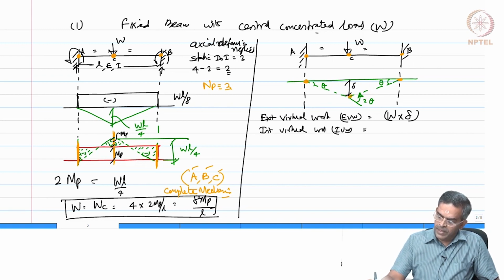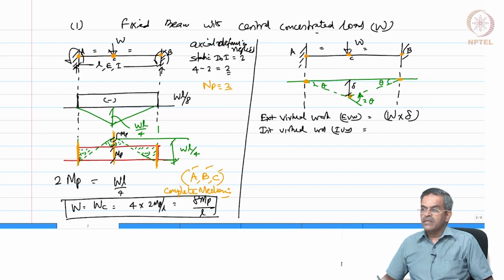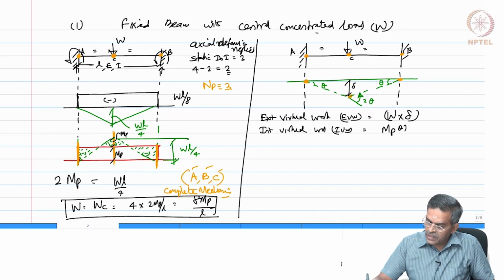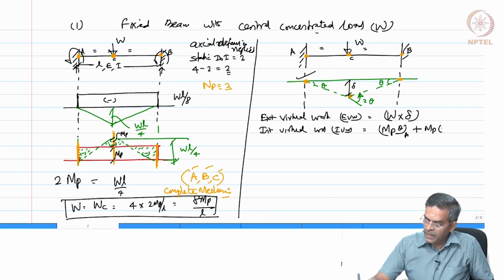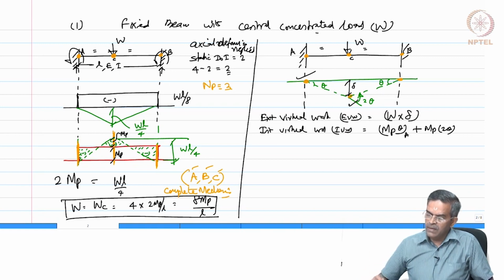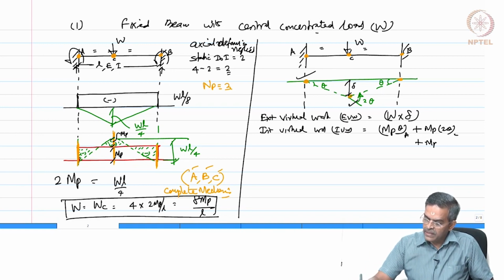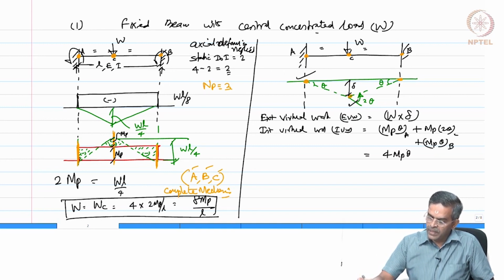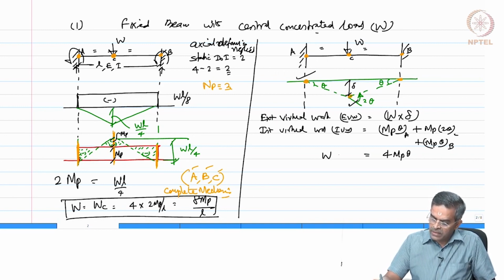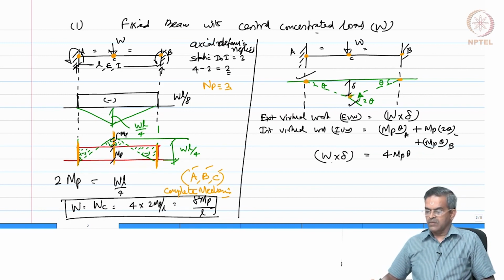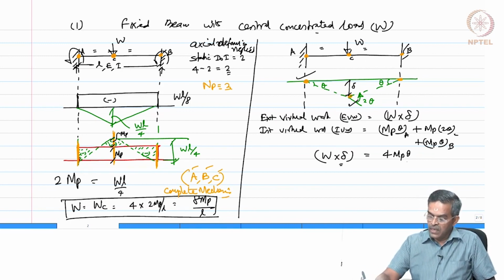Internal virtual work will be the work done by the plastic hinges and its rotation, which will be MP into theta, which is at A, plus MP into 2 theta, which is at C, plus MP into theta at B, which gives me 4 MP theta. So, let us equate external virtual work to internal virtual work. So, there are 2 unknowns here, del and theta, but in the figure they are connected.